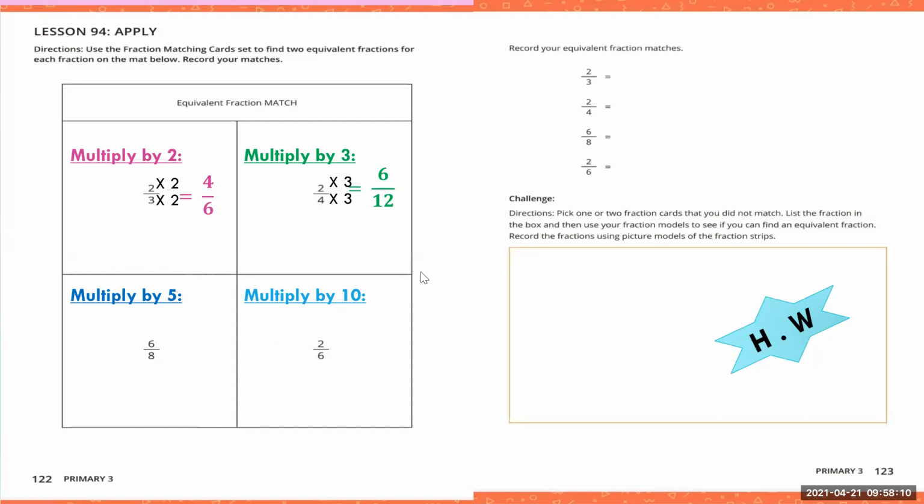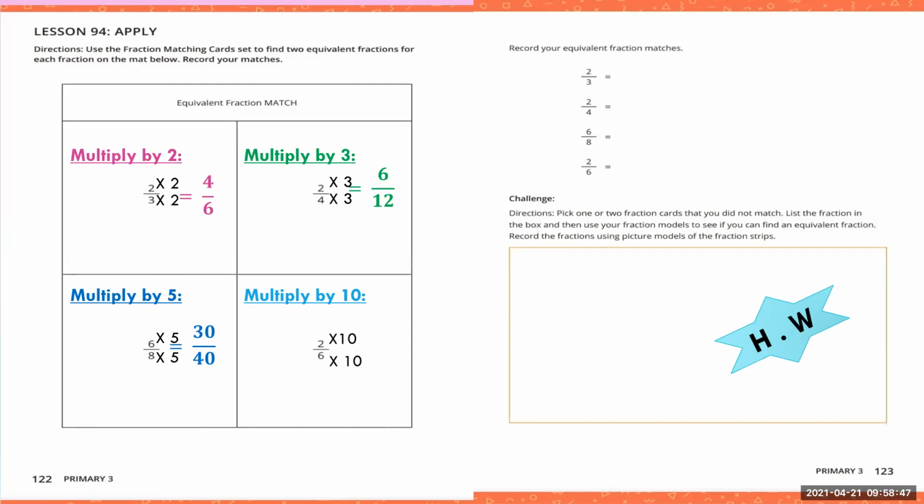Basant, focus with me. 8 times 5 equals 40. So 30/40. Now, I want to find the equivalent fraction for 2/6, and I will multiply by 10.